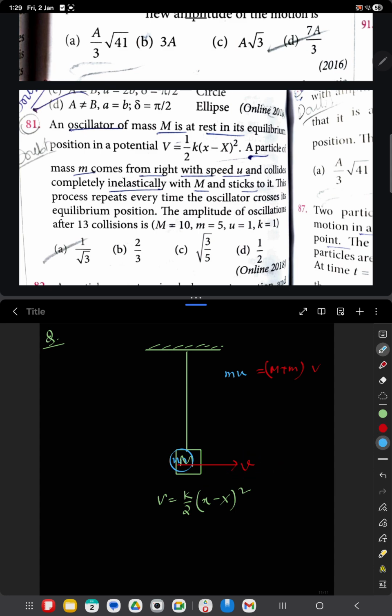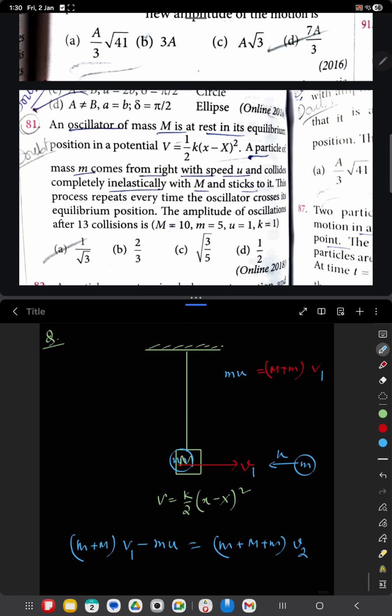Now another mass m is coming in this way. Now what will be the initial momentum? And again it sticks with this one. So now the momentum will be (m plus m) into v1 minus mu equal to, as it sticks, (m plus m) into v2.